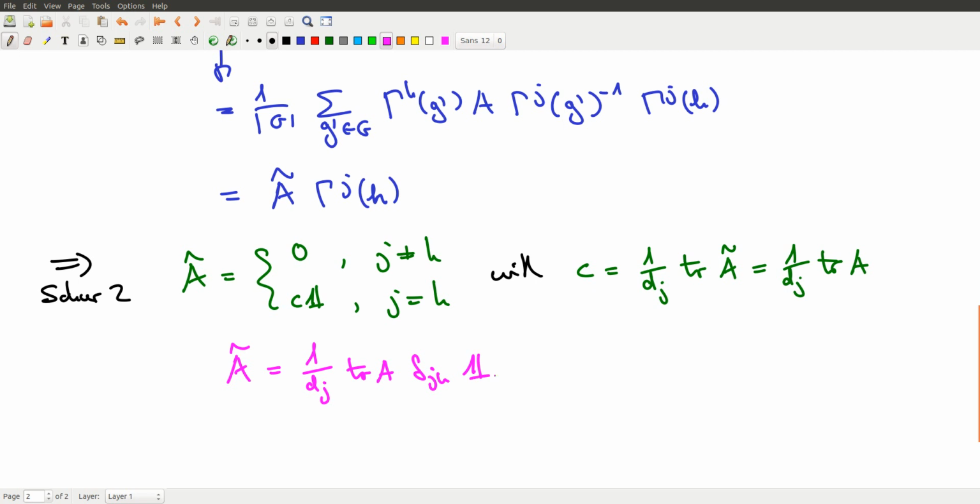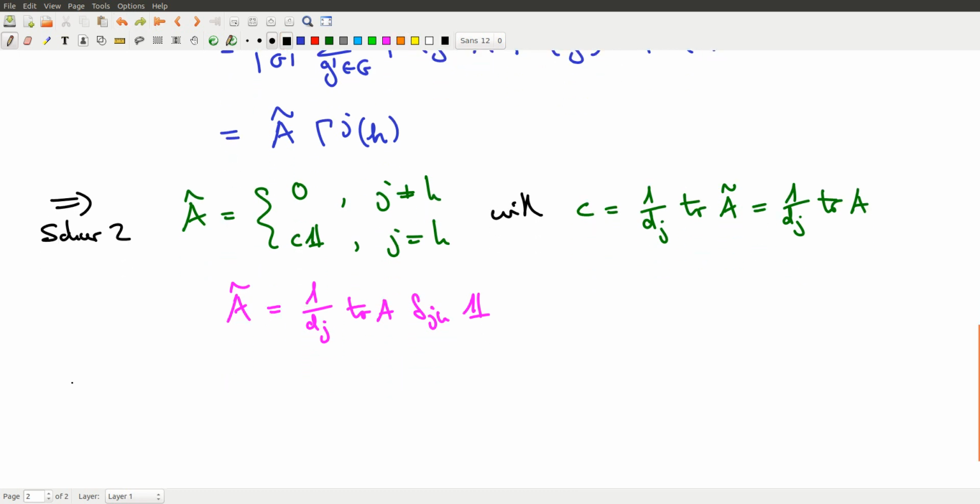So this is our a tilde, and so far the a was completely arbitrary, but now let's choose a special a. So let's choose an a, if we write this as a matrix, which has just a single 1 in one place and zeros everywhere else. So how do we write this out in components? Our a, let's say a alpha beta, the components are delta alpha nu prime delta beta nu.